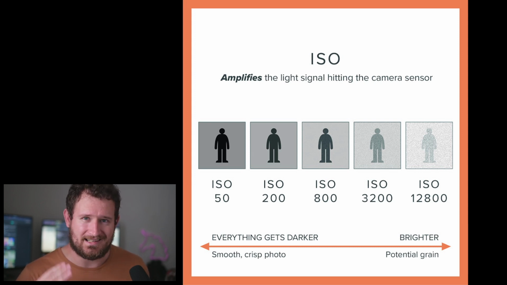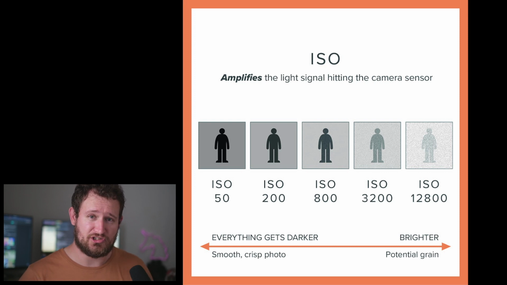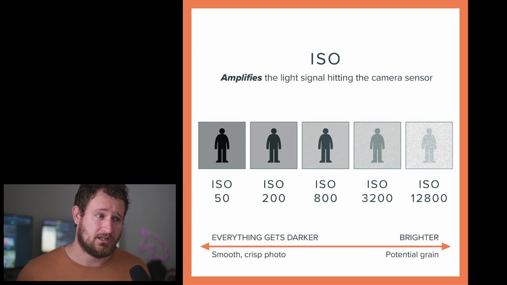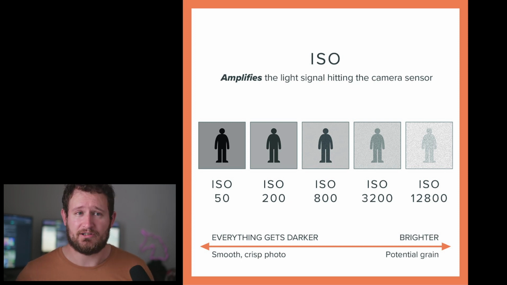You need to understand how your gear performs under certain lighting conditions. You need to understand how your gear performs when you change your settings, because it's important that you know that if you're shooting sports, you need to up your shutter speed. If you're shooting in shade and you need to add a little bit of ISO, you need to know what your maximum ISO would be where you're happy with shooting, because these are all things that you need to know about your gear.